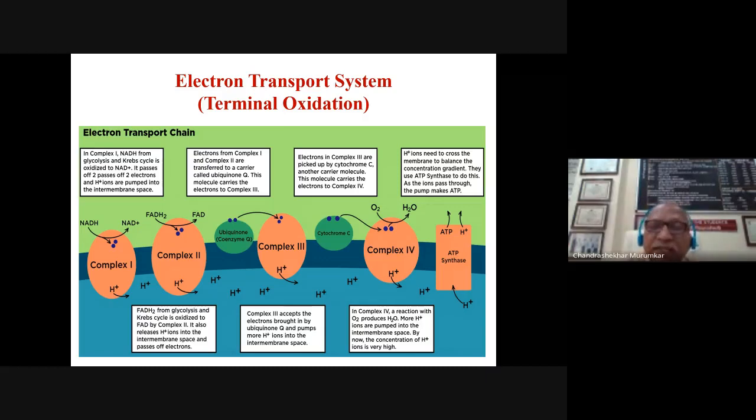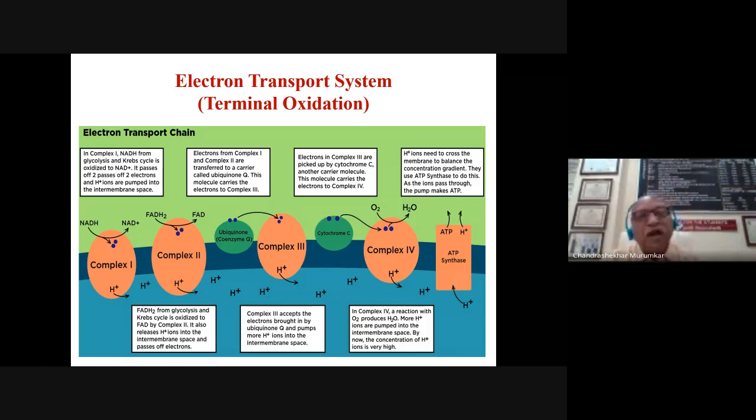The main function of this enzyme is combining the free electrons with the hydrogen protons, and this hydrogen is joining with the atmospheric oxygen molecule. And here this oxygen molecule ultimately gets reduced into a water molecule.